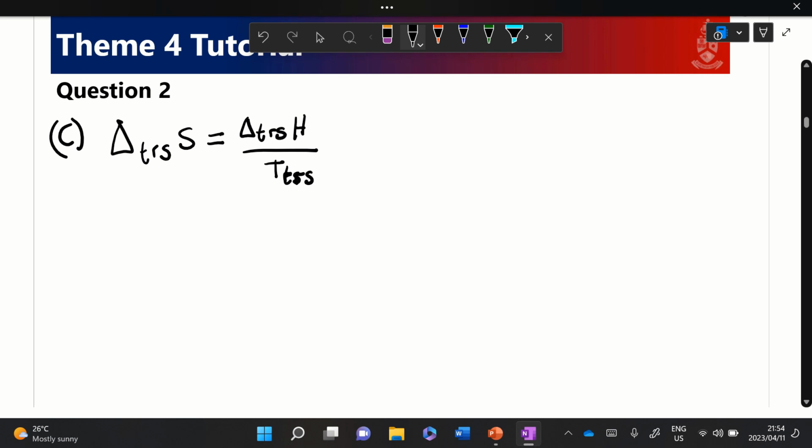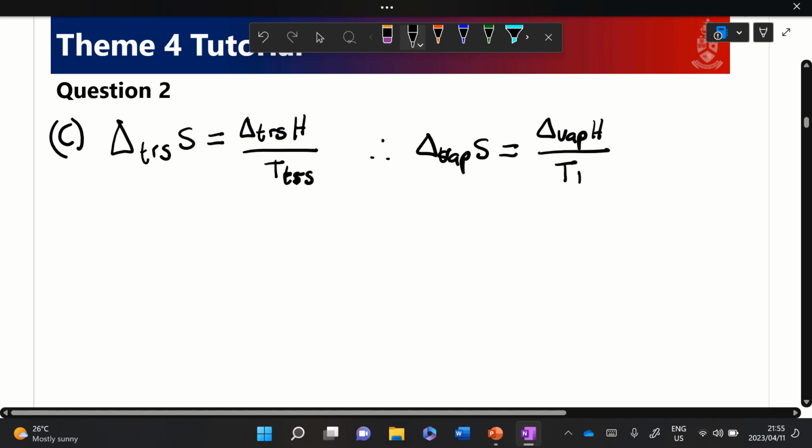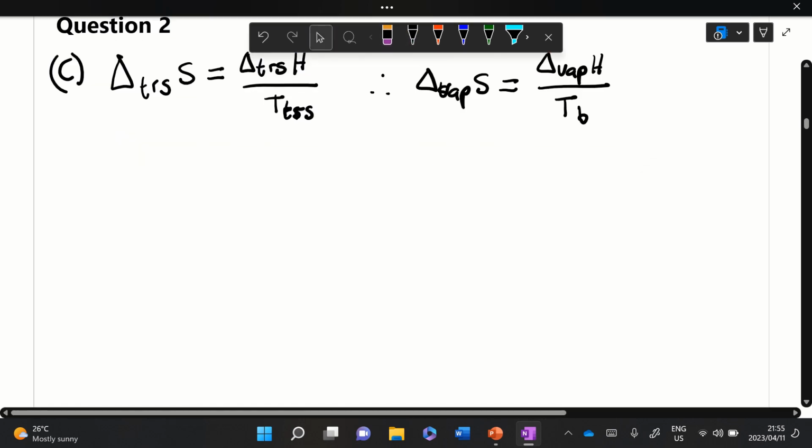Right. Maybe you remember some equation like that. So in other words, the entropy of vaporization will be equal to the enthalpy of vaporization, which we calculated, divided by the temperature of vaporization, in other words known as the boiling point temperature.